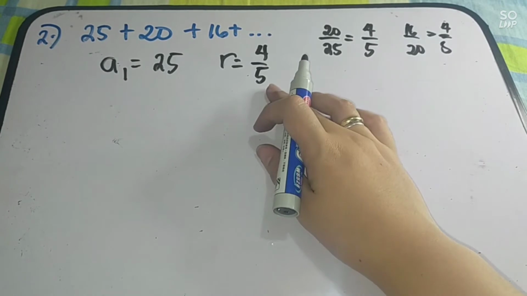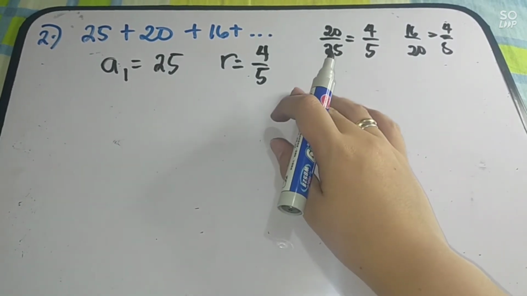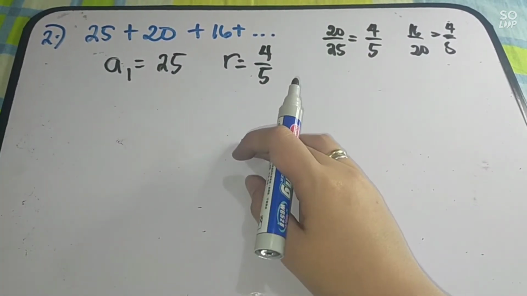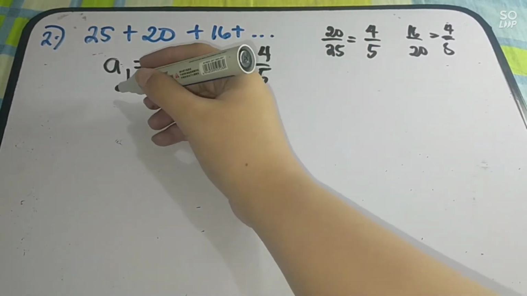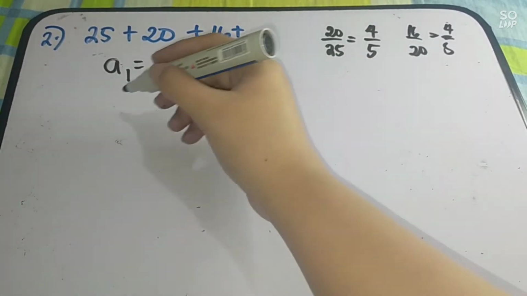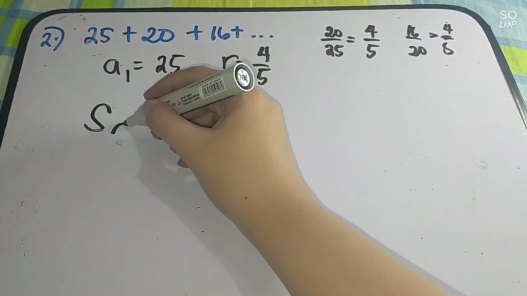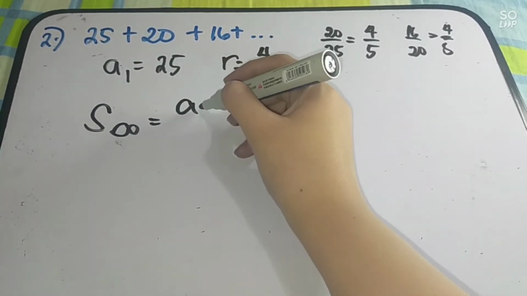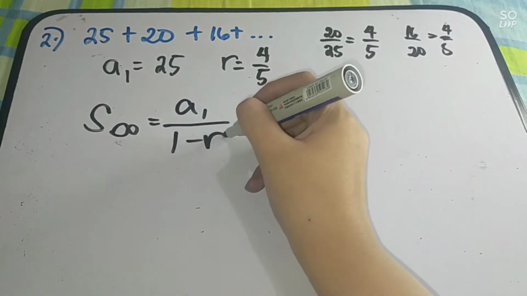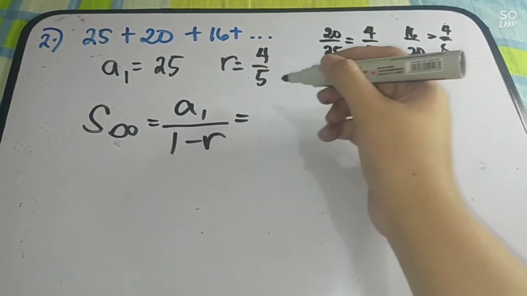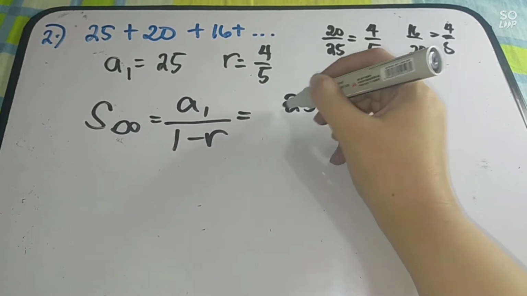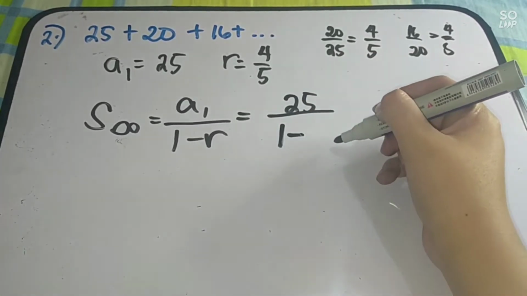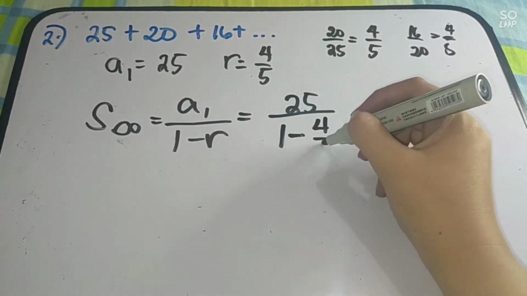So, 4 over 5 is less than 1, and it is a fraction. Alright? So, this is what we will use. S infinity is equal to a sub 1 over 1 minus r. Just substitute. Your first term is 25 over 1 minus your common ratio, 4 over 5.